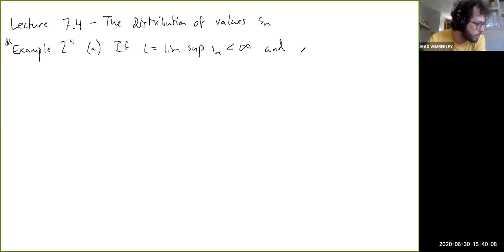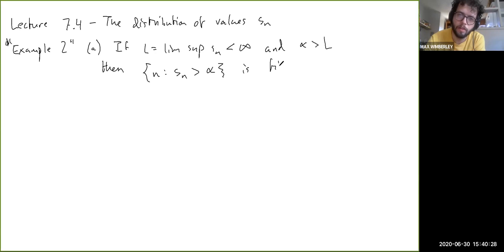and alpha is a number greater than L, then we can say the set of n for which Sn is greater than alpha is finite. If alpha is less than L, then they use kind of strange phrasing and notation here, so I'm trying to clean it up a little bit.